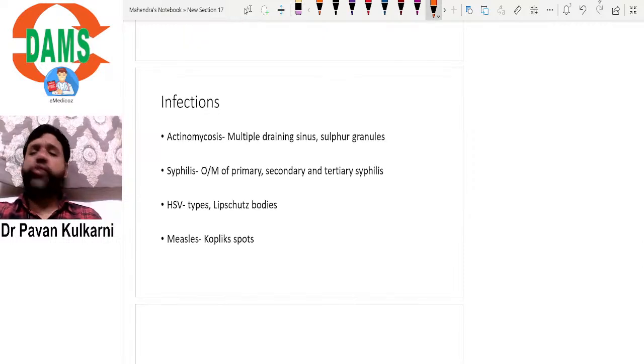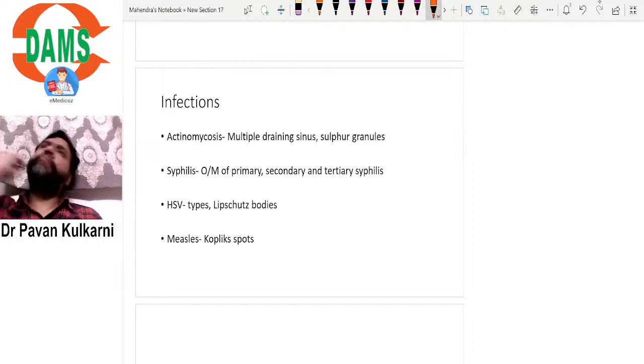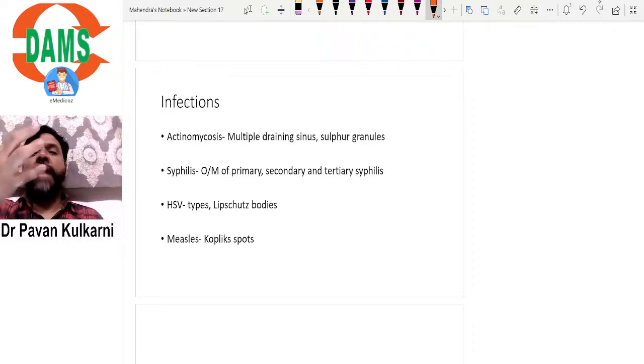Infections, we are supposed to know mainly about actinomycosis, where typically they'll show an image of multiple draining sinuses, and those draining sinuses will have pus, and the pus will contain sulfur granules.